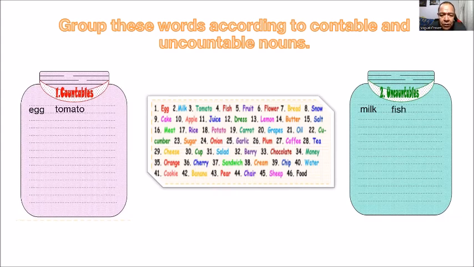Number 5, fruit. Uncountable. Number 6, flower. Countable. Number 7, bread. Uncountable. Number 8, snow. Uncountable. Number 9, cake. Countable. Number 10, apple. Countable.